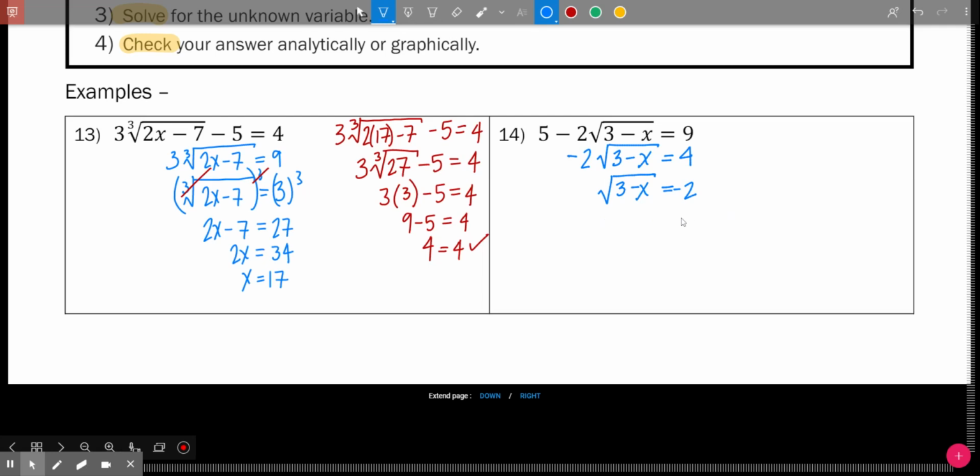Well, again, you ask yourself, with the square root function that doesn't have any transformation to it, it hasn't been reflected, can it be equal to a negative number? And the answer is no, you can't. So again, this is an inconsistent equation, and we say x has no solution.